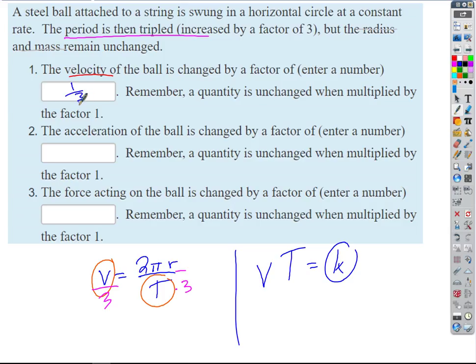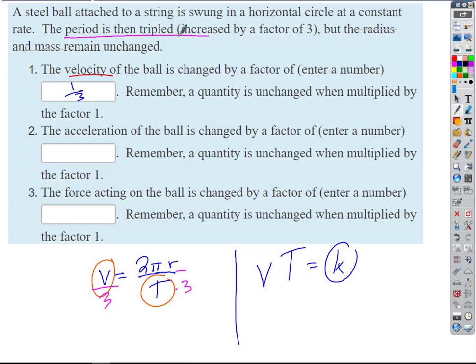Okay, what about acceleration? What's going to be the relationship now? We actually know an extra thing now, don't we? We know velocity is changing by 1/3, period is changing by a factor of 3, radius and mass remain unchanged. Ideally we'd like to find an equation that relates acceleration and period only. That one doesn't show up though.